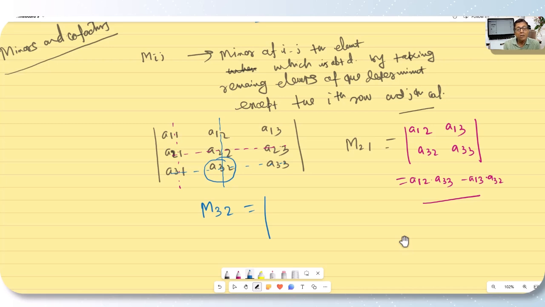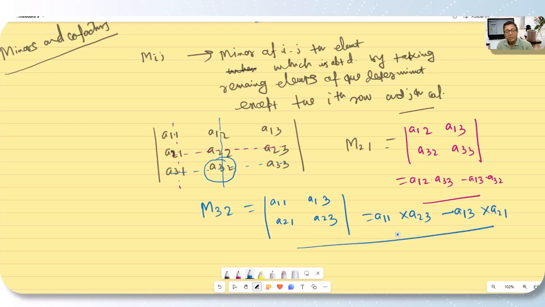The remaining part of the determinant will be a 2 by 2 order determinant, already reduced. And this is a11, a13, a21, a23. Value is a11 a23 minus a13 a21. Clear? These are minors. This way you can find the minor of any element.